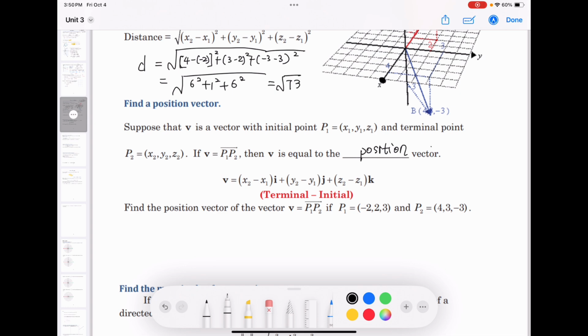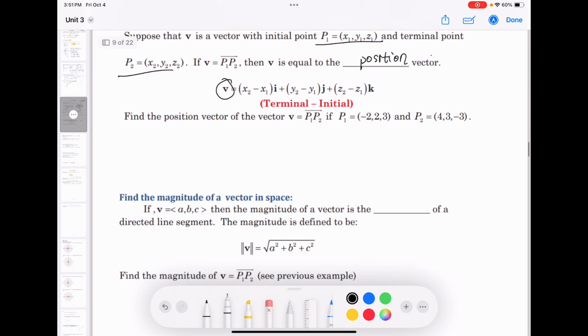So if I have two points, you can find the position vector: v is x sub 2 minus x sub 1 i plus y sub 2 minus y sub 1 j plus z sub 2 minus z sub 1 k. Use terminal minus initial.